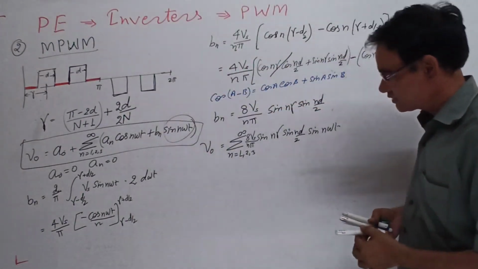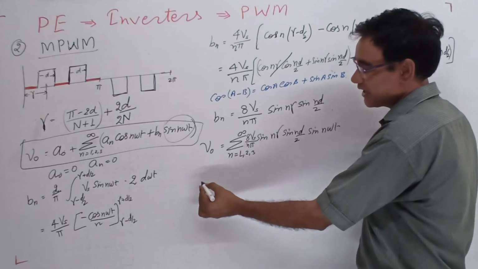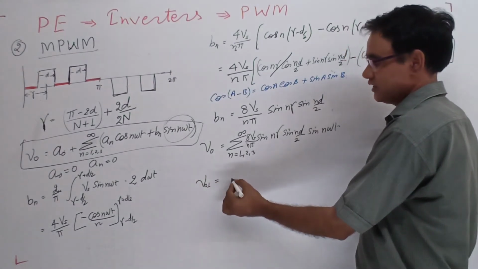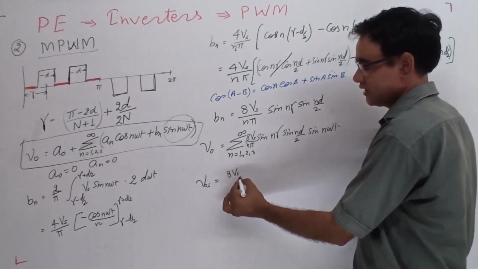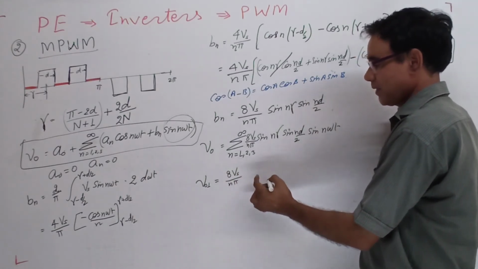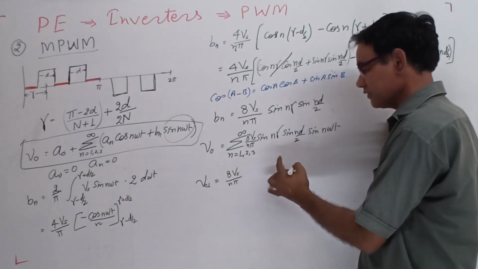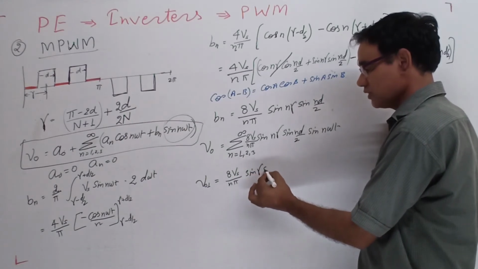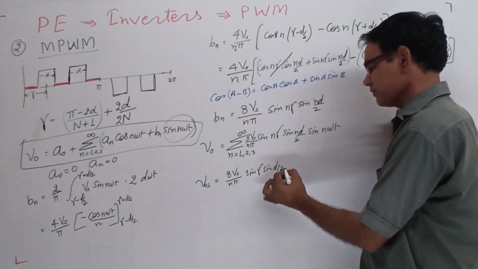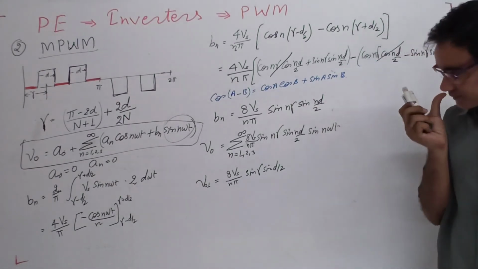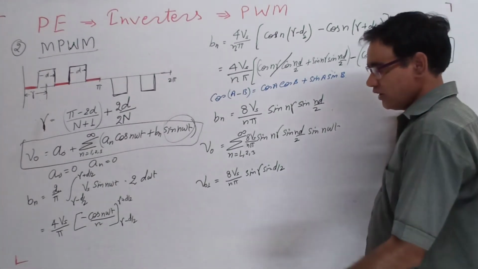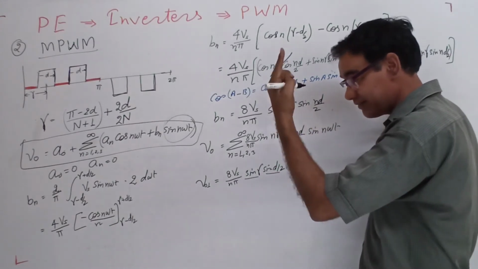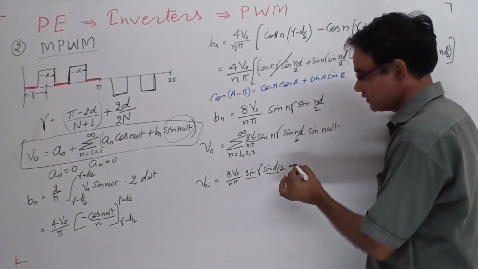From this, we can say what the maximum possible output is: 8 Vs upon n pi. When we put n equal to 1, sine of d by 2 and sine of gamma also give the value 1. The sine function can give a maximum of 1.